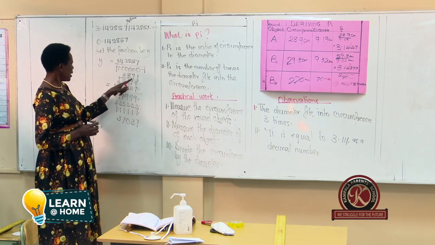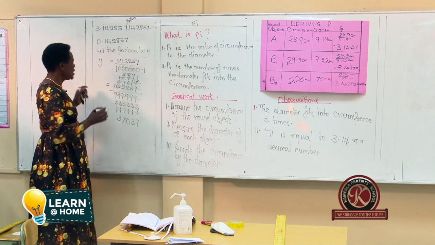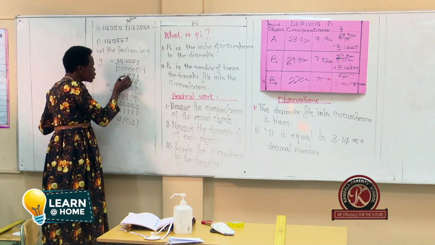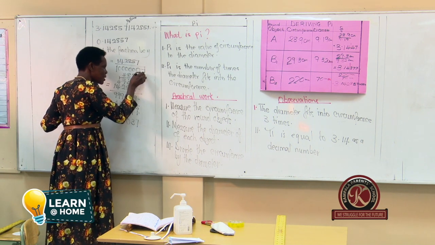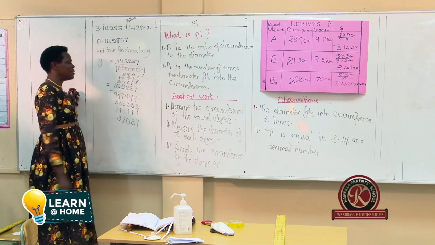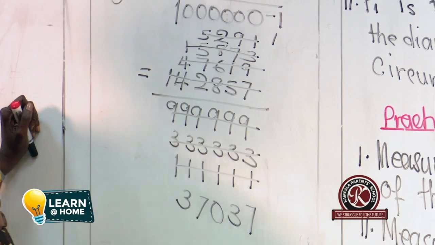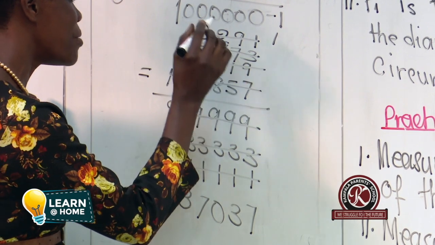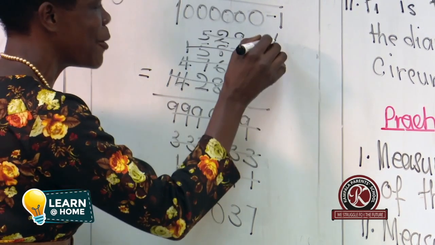Here we have 1. Here we have 7. This number 5,291, if you multiply by 7, you get it. So let us divide this. When you multiply by 7, you get this. So 5,291 divided by 5,291, you get 1.